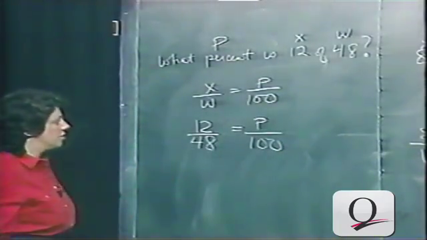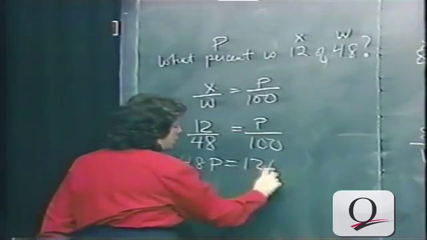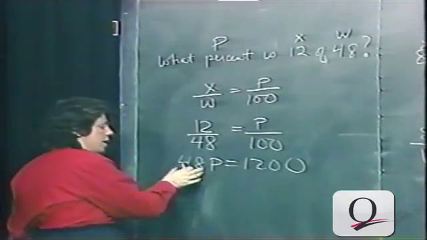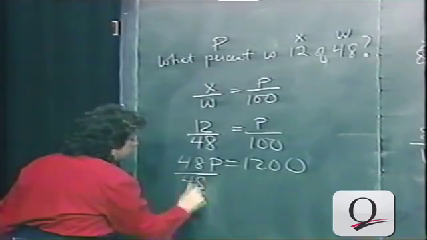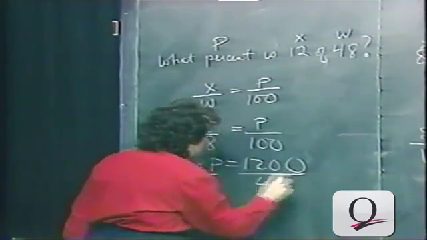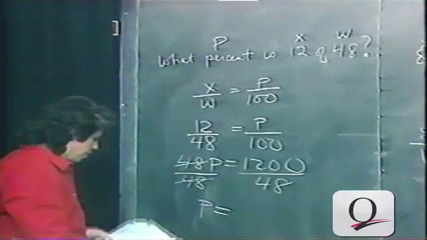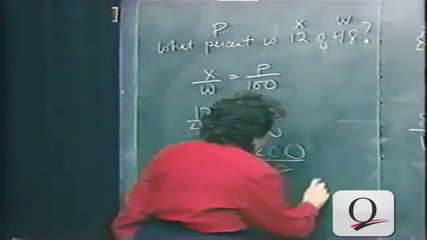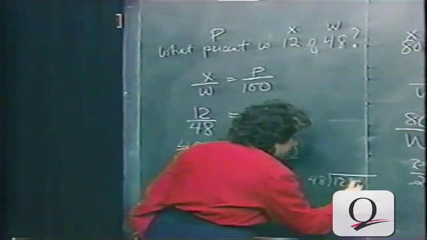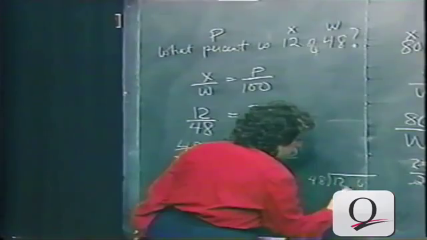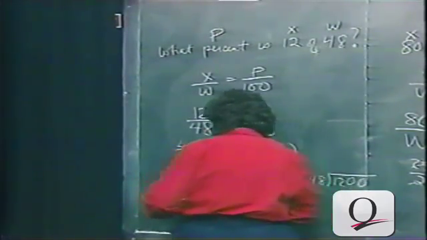Or you can solve this by cross-multiplying: 48P is 1,200. 48 times what is 1,200? You'd have to divide to figure that out. P is 1,200 divided by 48.